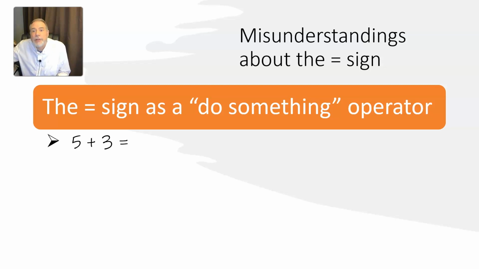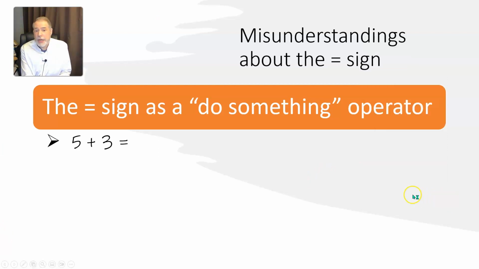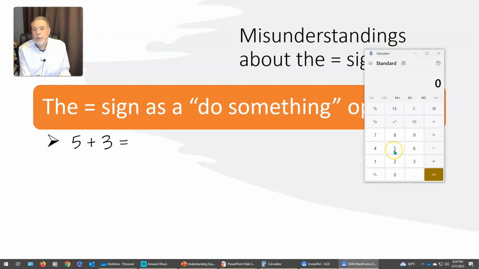What is 5 plus 3? Or using a calculator. A lot of calculators are set up so that pressing the equals button is how you tell the calculator to go ahead and perform the calculation. You punch the buttons 5 plus 3 equals, and it tells you what that is.